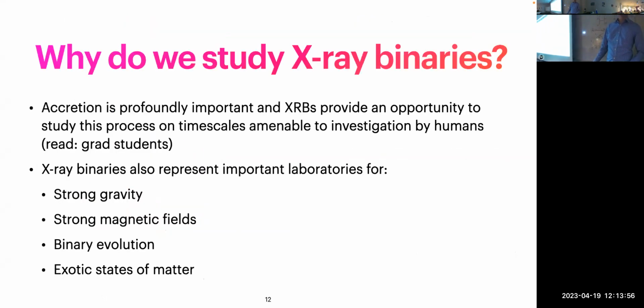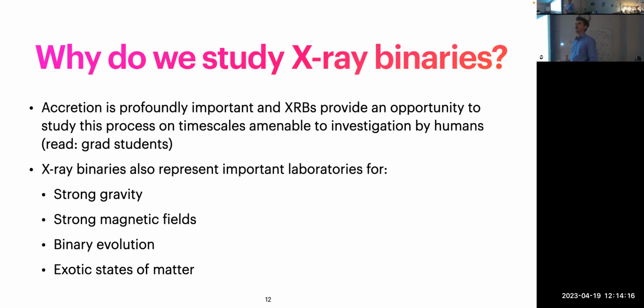Okay, so why do we study X-ray binaries? One of my go-to answers is that, aside from being cool and fun, they're the best laboratory we have to study accretion in general. Accretion is an important process across a lot of different timescales and mass scales.